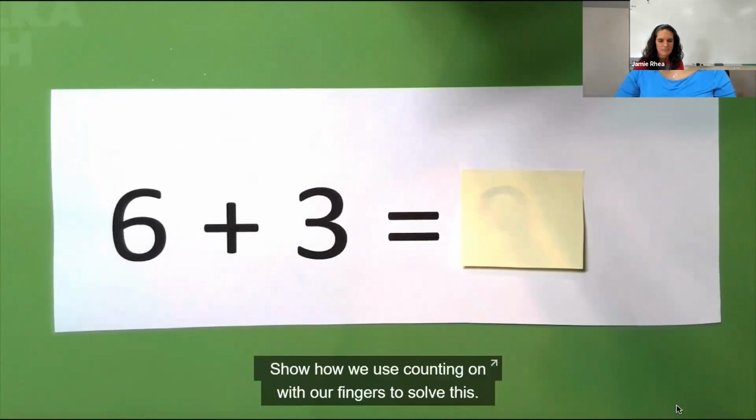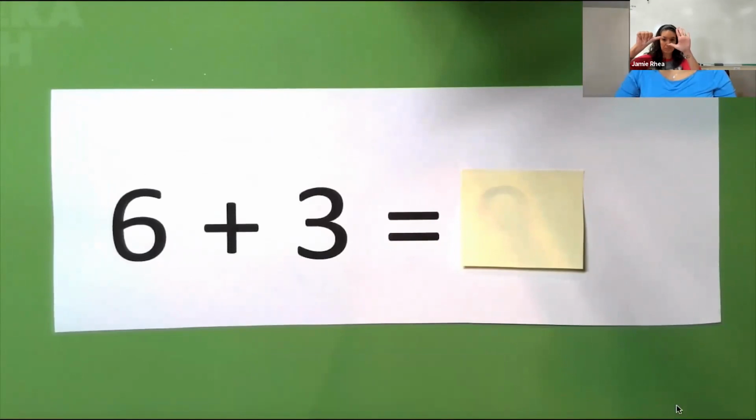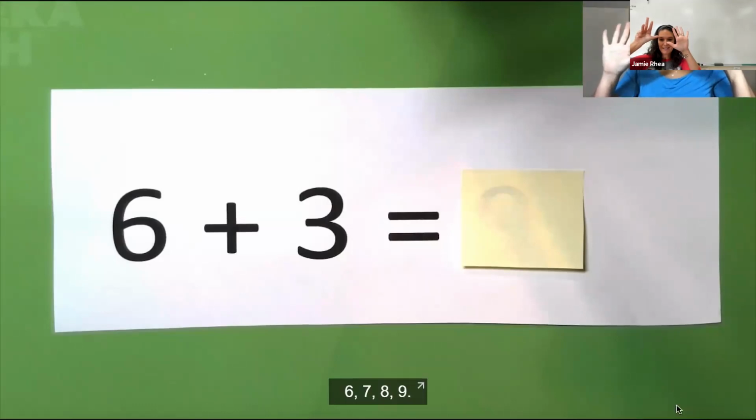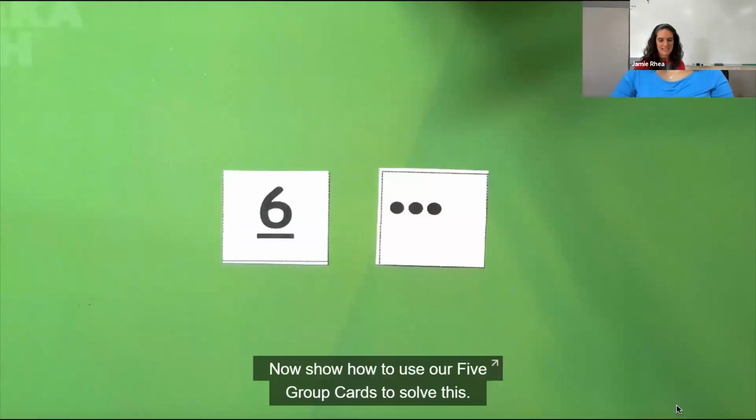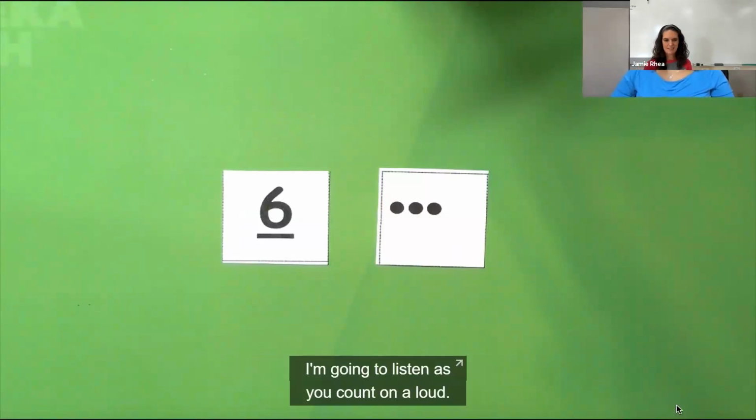Show how we use counting on with our fingers to solve this. 6, 7, 8, 9. Now, show how to use our 5 group cards to solve this. I'm going to listen as you count on aloud.